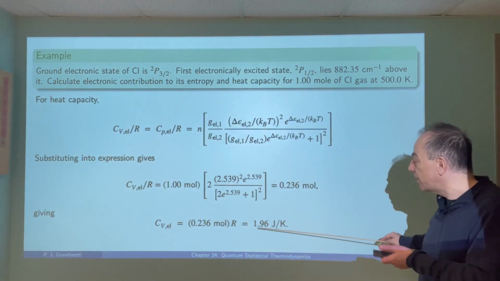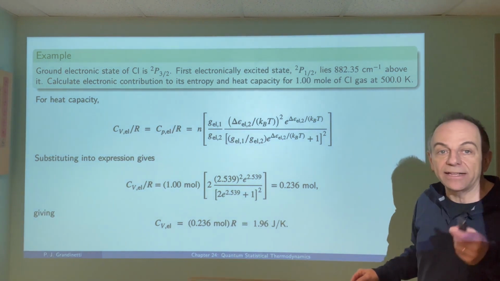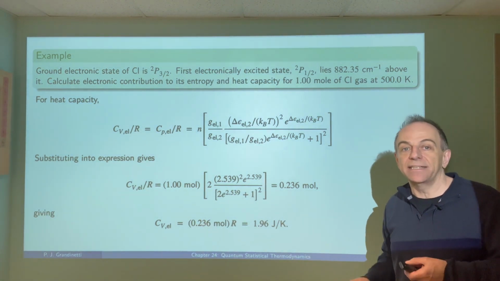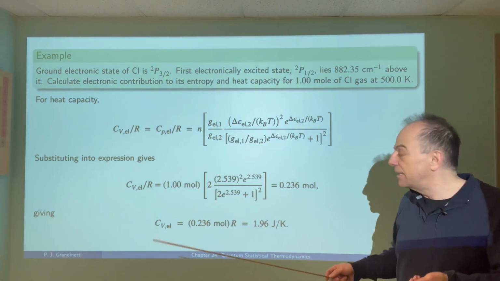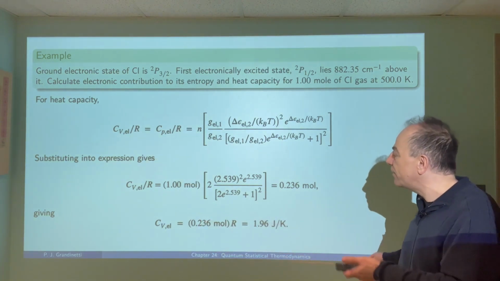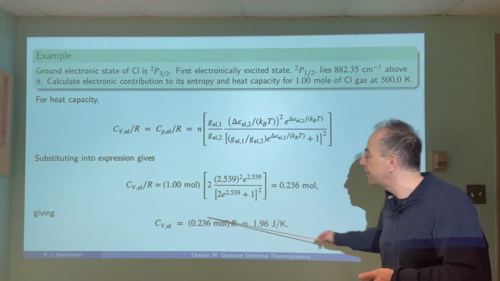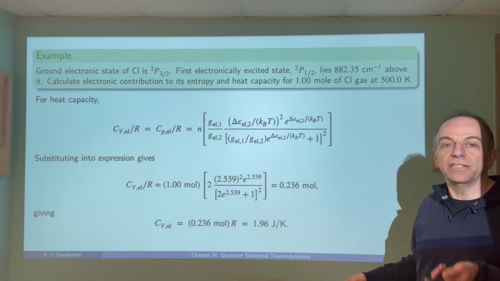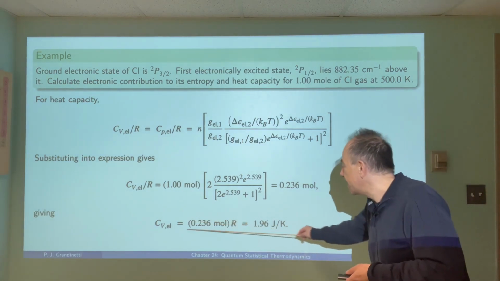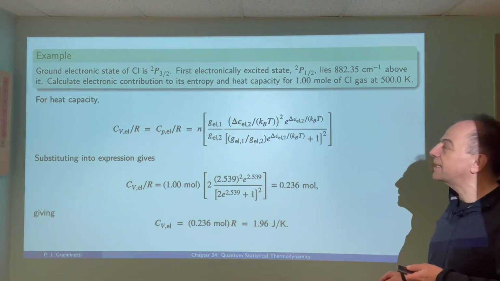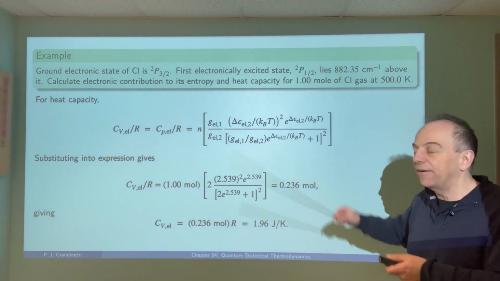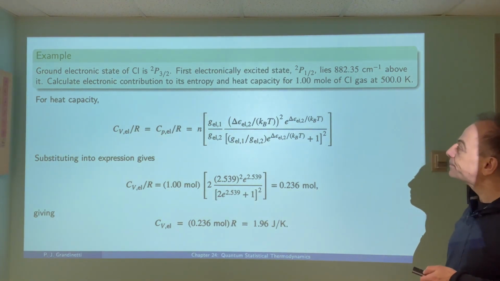So that's actually fairly sizable, considering that if we couldn't access the first excited state, and only had the degeneracy of the ground state, the heat capacity would be just 0, right? So in this case, we're getting a heat capacity of 1.96 because of the population of that first excited state.